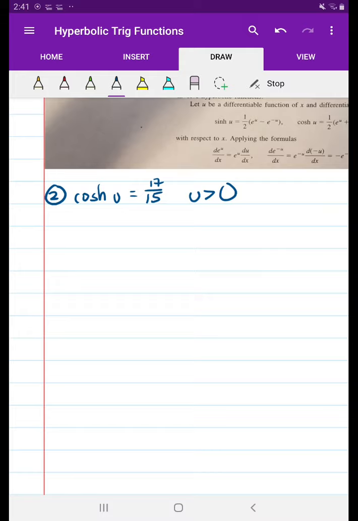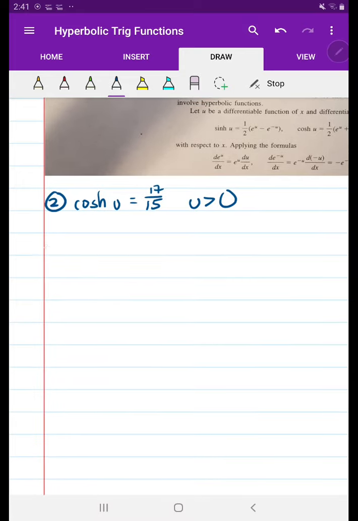If I think about my Pythagorean identity, I have cosh squared u minus sinh squared u is 1.